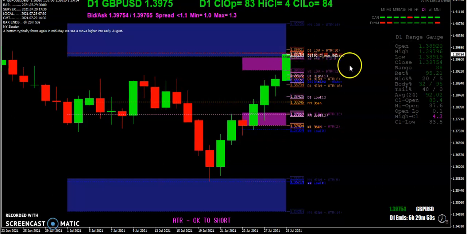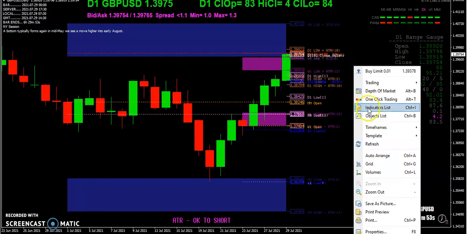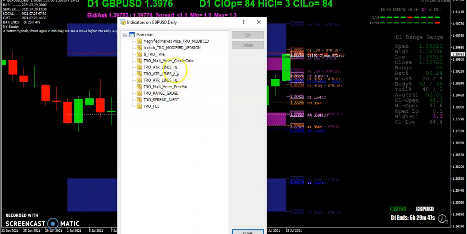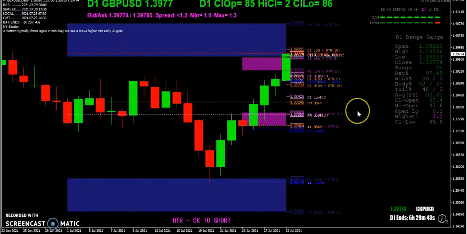On my ATR ranges, just the two indicators, you've got the ATR lines high, low. And what they do is they tell you from the low of the week, you take the ATRs and you add it to the low of the week and you get a range. And for the high of the week, you take the ATR ranges and subtract it from the high of the week, and you come down here and you get the low.